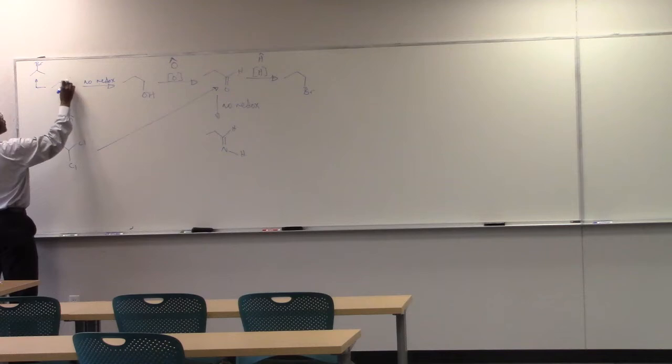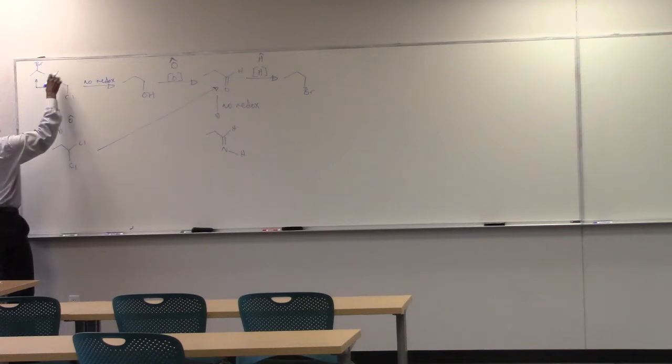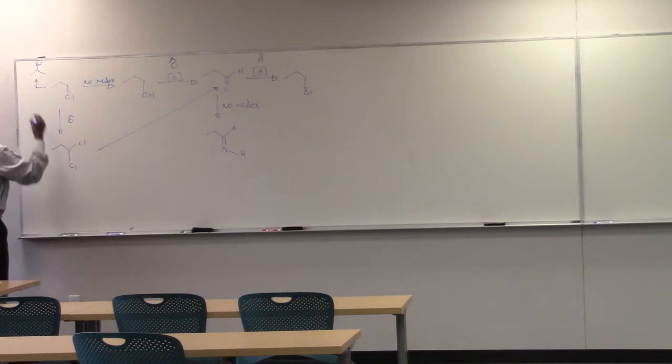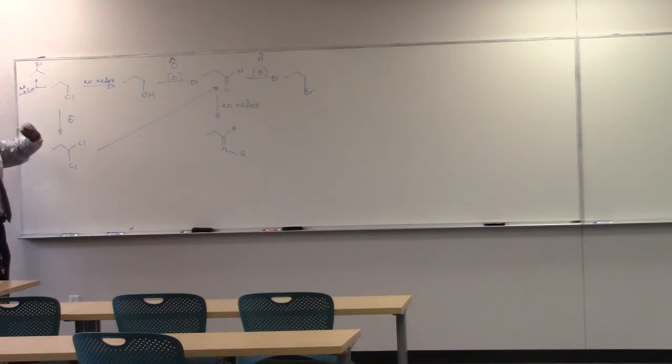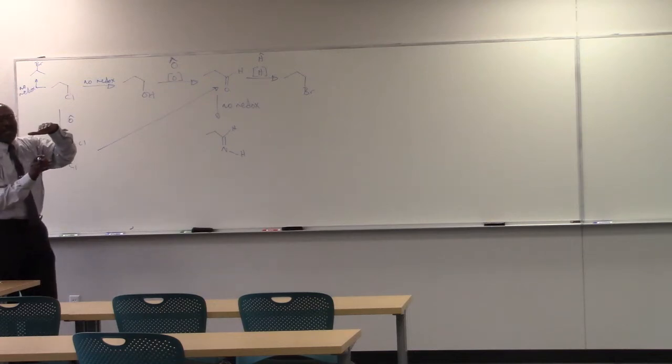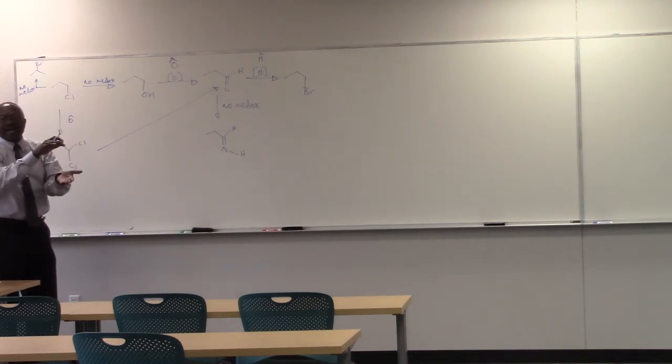So alcohol goes to alkane, at the same time alkane goes to alcohol. So overall, this does not involve redox. I'm going to say no redox. Although in reality, what I've done is a reduction of this carbon, and then an oxidation of that one to the same extent, because I'm moving between alcohol and alkane levels.